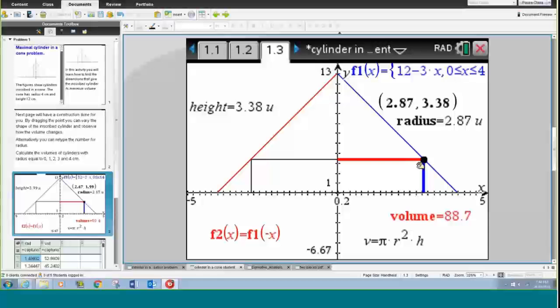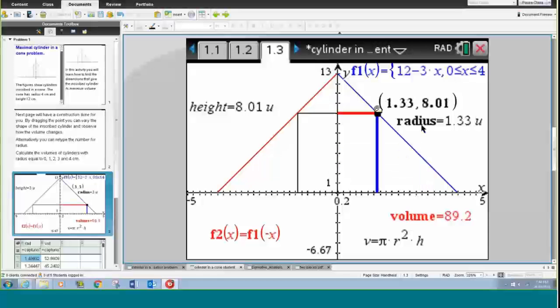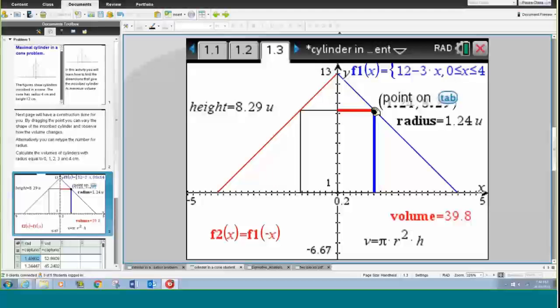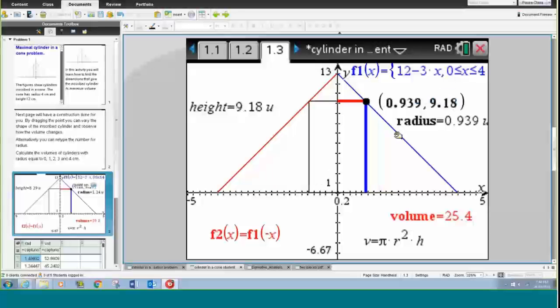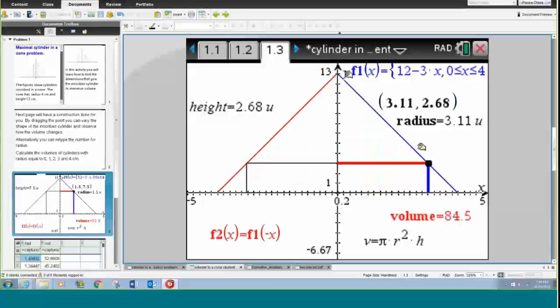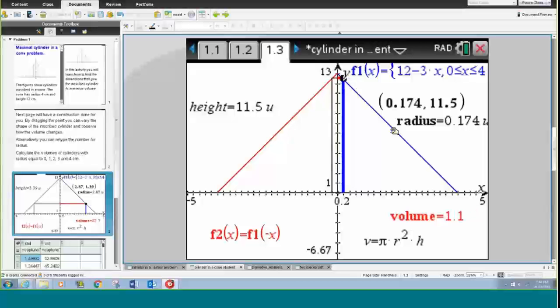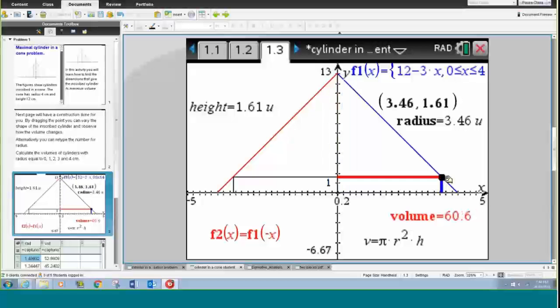It is measuring the radius and the height and calculating the volume using this formula. It is a nice activity for the students to do themselves and see what happens. You might have a very skinny cylinder or a very low-height cylinder and see how the volume changes.